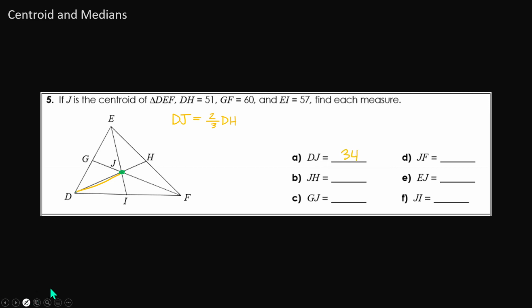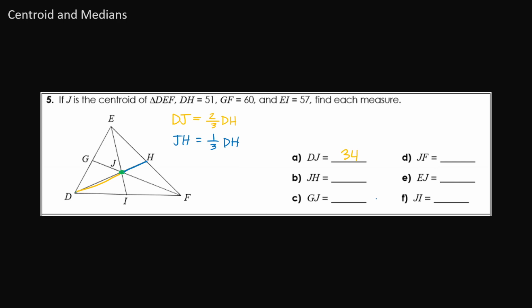For JH, JH is the shorter portion of DH, which means that basically 51 minus 34, or 1/3 of 51, is going to equal JH. So JH is equal to 1/3 of DH.